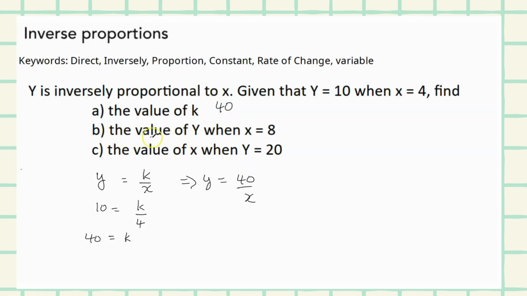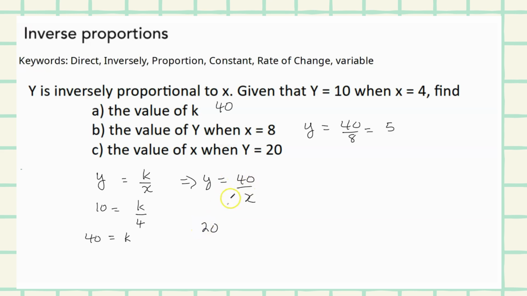Now b, find the value of y when x is 8. So here y would equal 40 divided by 8, and that's 5. Find the value of x when y is 20. So in the equation here, we can find the value of x when y is 20. So y is 20.